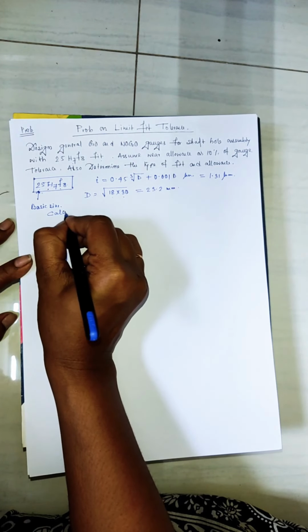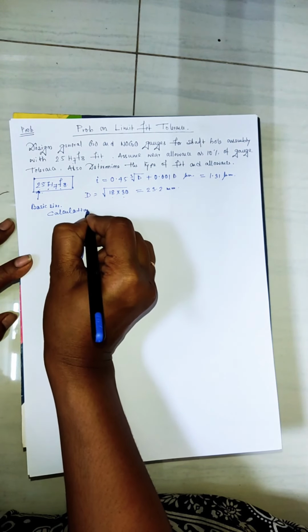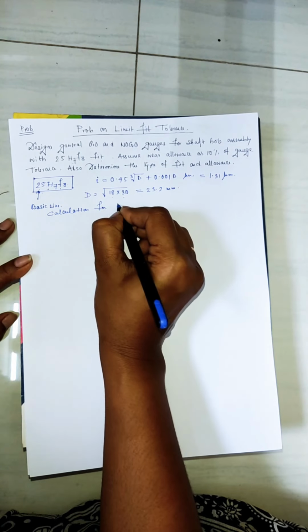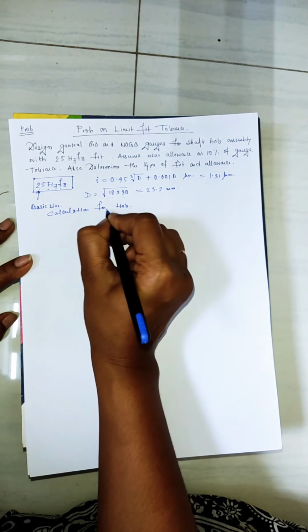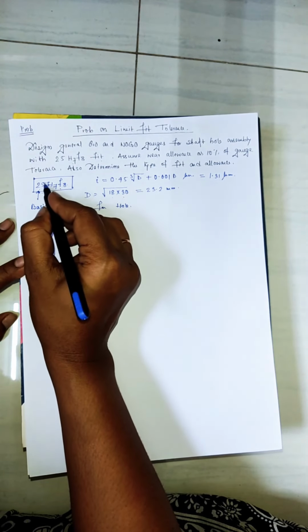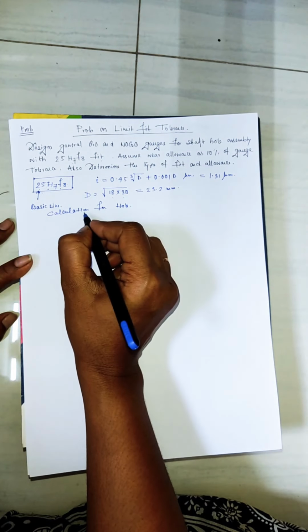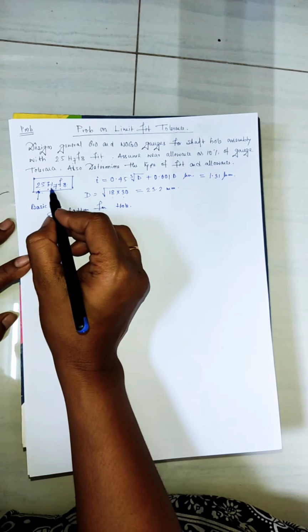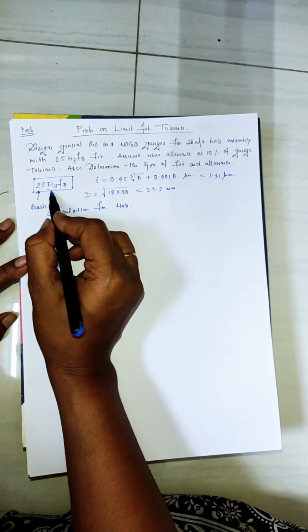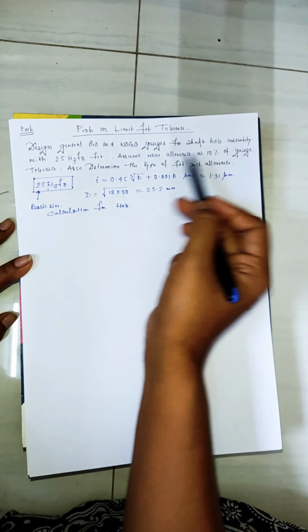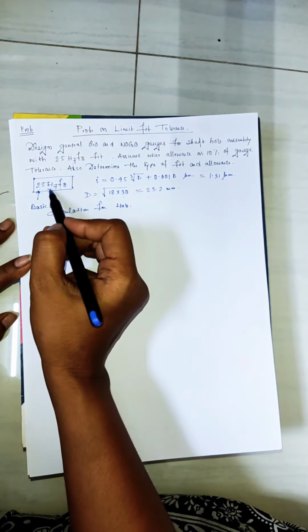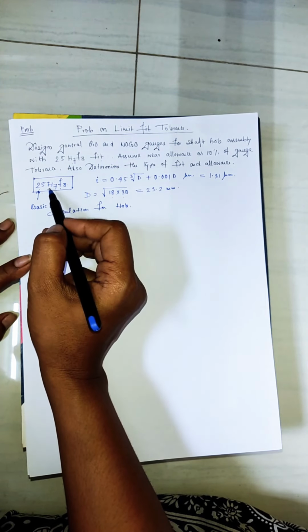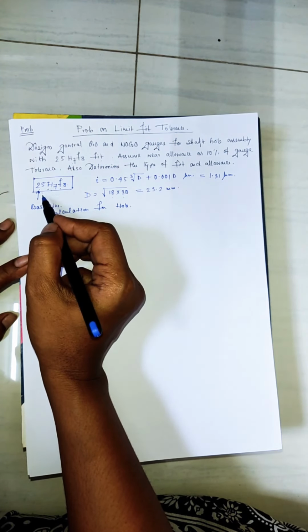So first we calculate the calculation for the hole. So this capital H is for hole. So calculation for the hole. So fundamental deviation for this type of hole, this type of hole means this is the shaft hole assembly. So capital H, its fundamental deviation is 0.